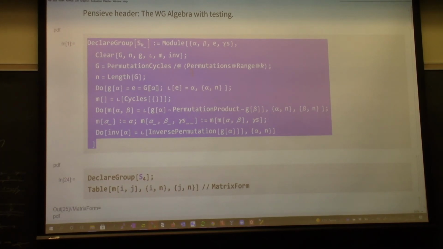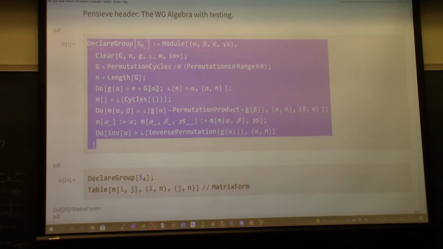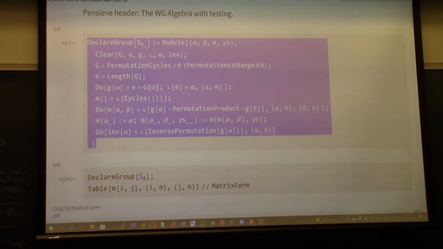So you could test it for other groups if you wanted. Which says to me that I should have implemented the free group, and then it should have been somehow automatic, but I haven't.